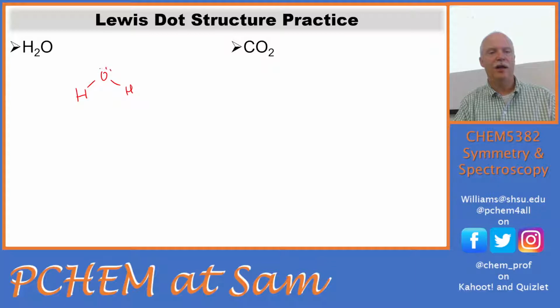Because of those lone pairs on the oxygen, we have 4 electron domains. And so that means that oxygen has a tetrahedral electronic structure.